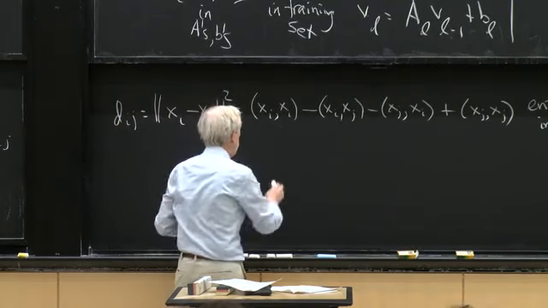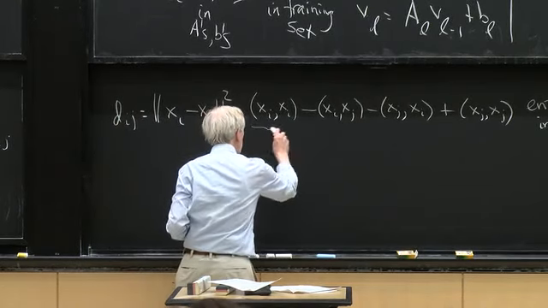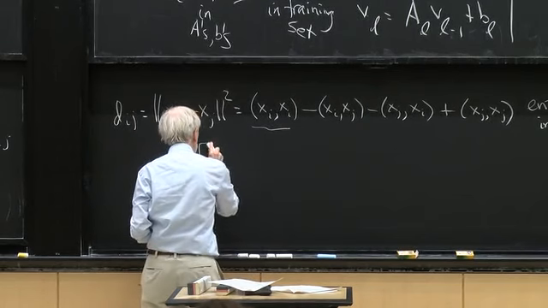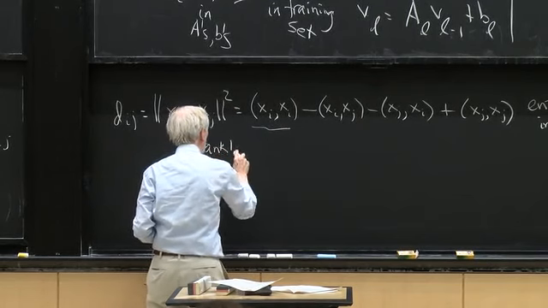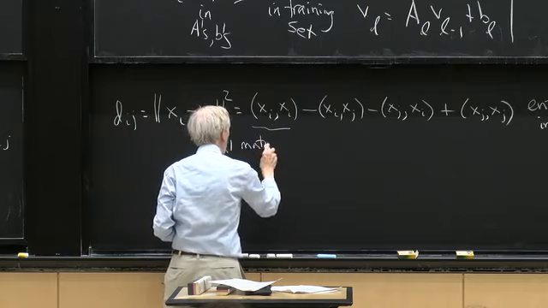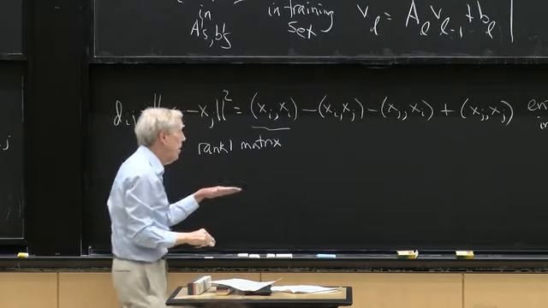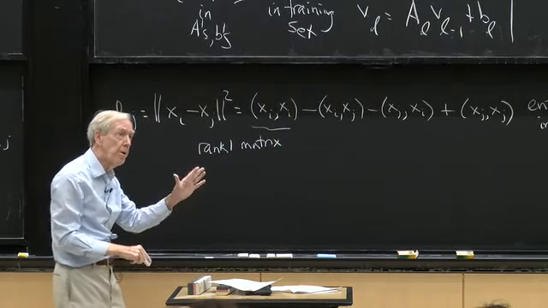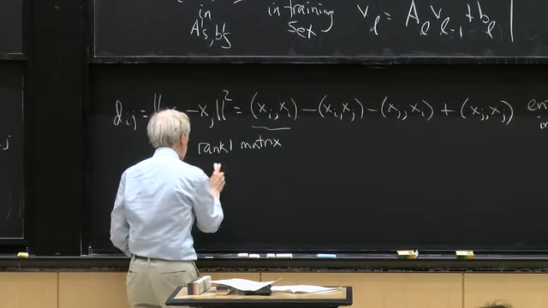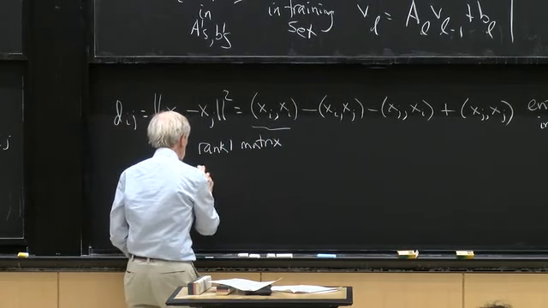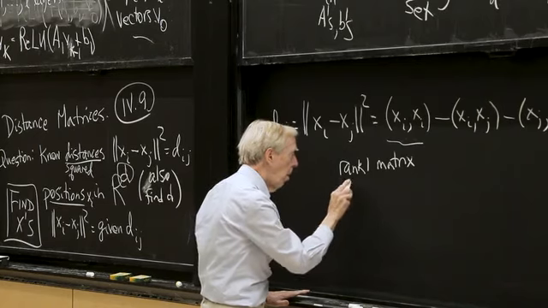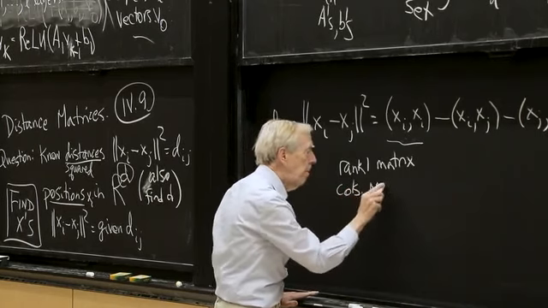So this part will produce a rank 1 matrix, because things depend only on the row but not on j, the column number. So columns repeated.